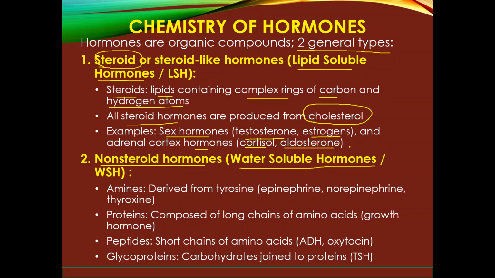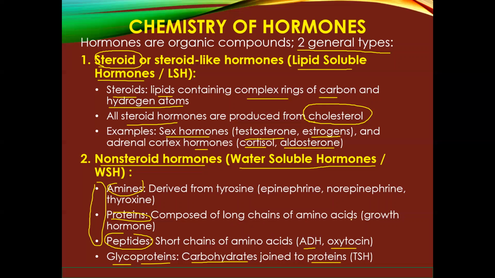also androgens. The non-steroid hormones, which are water-soluble hormones, are made from proteins, amino acids, and polypeptides, which are all protein types, and also a combination of carbohydrates and proteins, called glycoproteins. Examples: peptide hormones like ADH, antidiuretic hormone, and oxytocin.